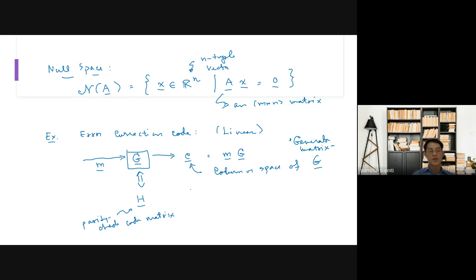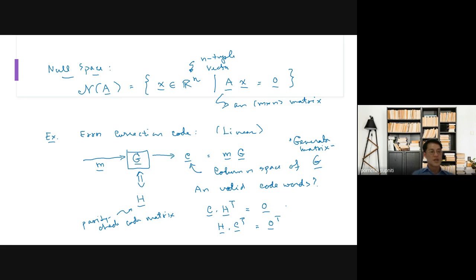For any valid codeword, when you multiply with H transpose, you get the zero vector, or you can write it as H multiplied with C transpose equal to 0 transpose.